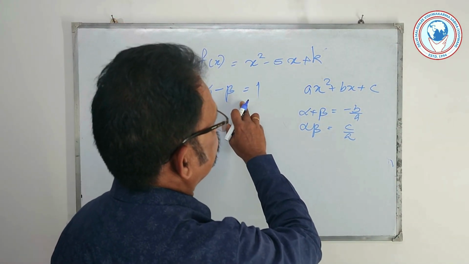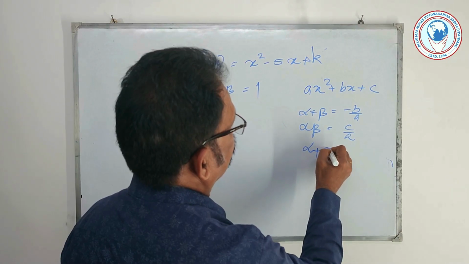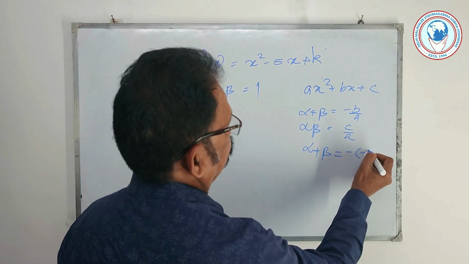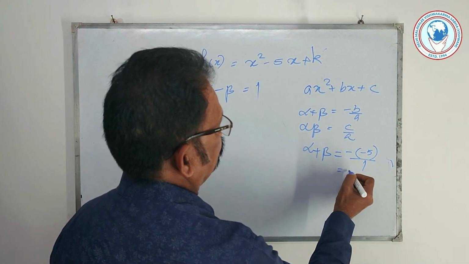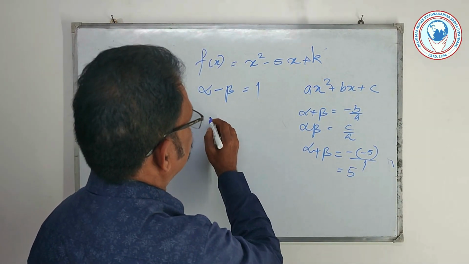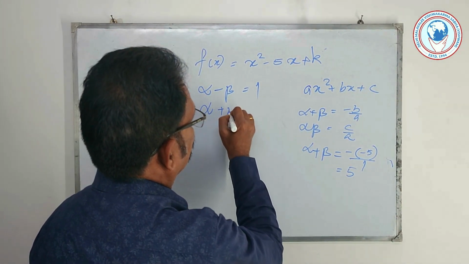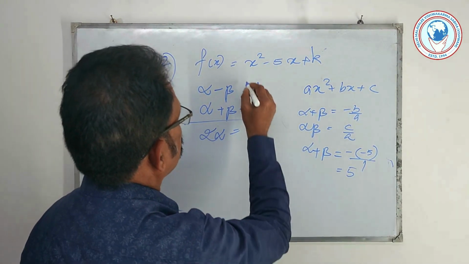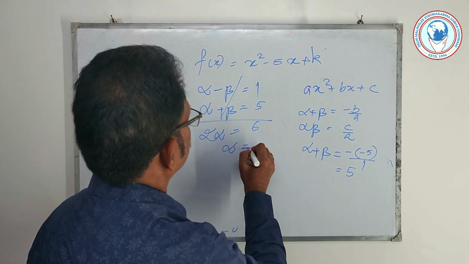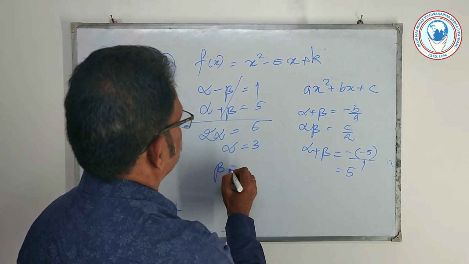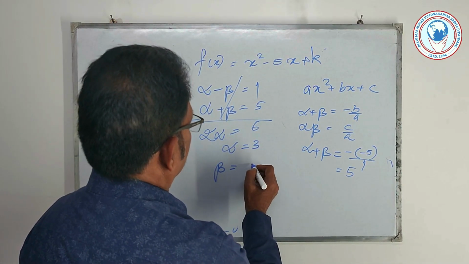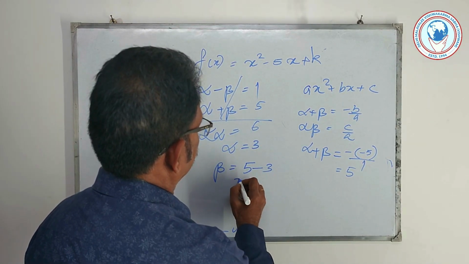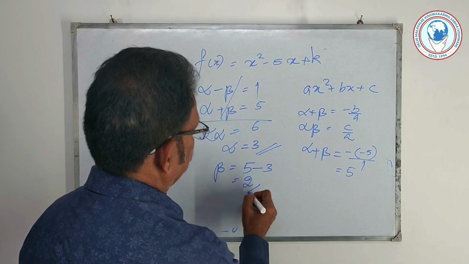Here alpha plus beta is equal to minus of minus 5 divided by 1, that is, alpha plus beta is equal to 5. Given alpha minus beta is equal to 1, adding, 2 alpha is equal to 6, or alpha is equal to 3. Beta is equal to 5 minus 3, 2. So alpha is equal to 3 and beta is equal to 2.